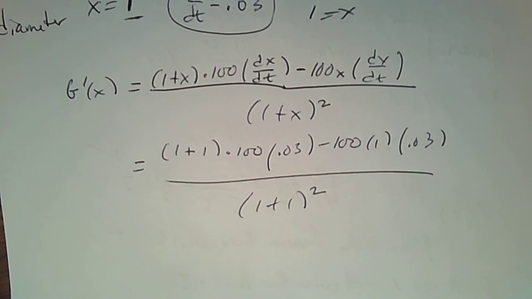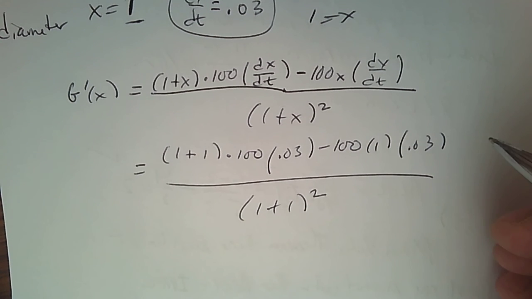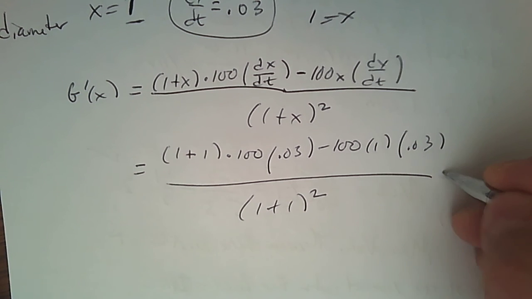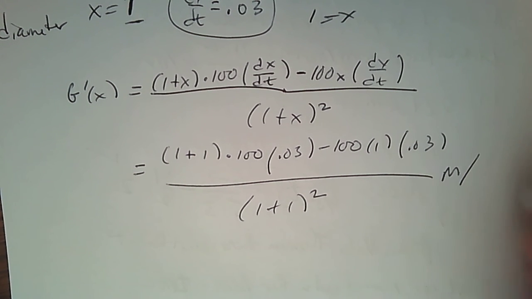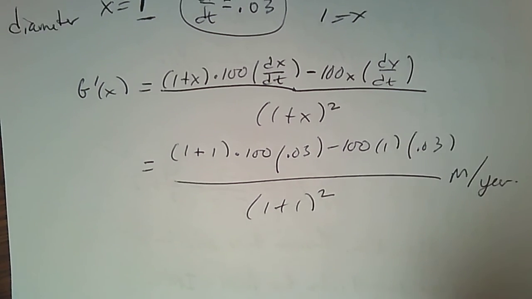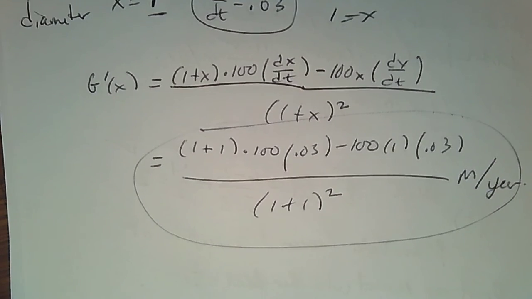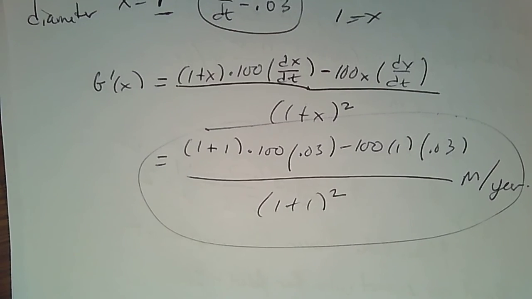And so the question is, according to this model, what's the rate of change of the height of the tree? So this is meters per year. So this answer, and I don't want to simplify it, is the one in terms of the rate of change.